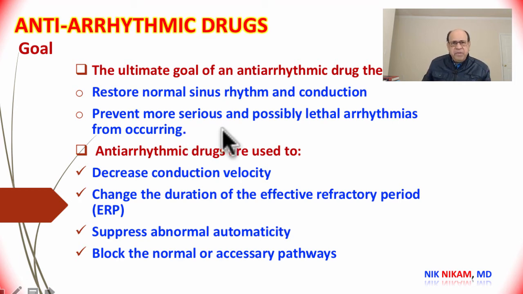The antiarrhythmic drugs are used to decrease conduction velocity, change the duration of the effective refractory period, suppress automaticity, and block the normal and accessory pathways as needed to terminate a tachyarrhythmia.